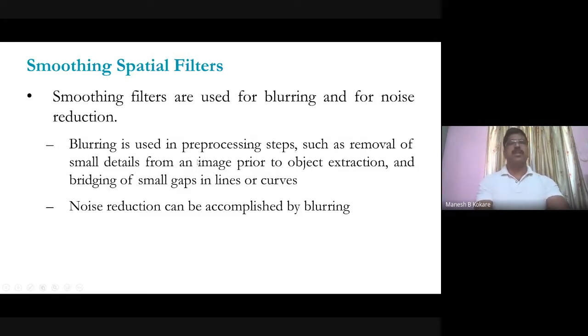Blurring is used as a pre-processing step, such as removal of small details from the image prior to object extraction, and bridging of small gaps in lines or curves. Noise reduction can be accomplished by blurring. This is called the averaging filter.